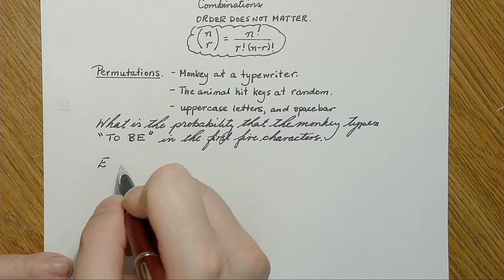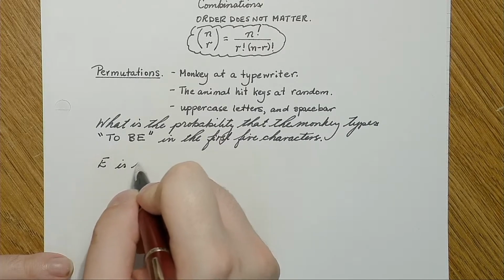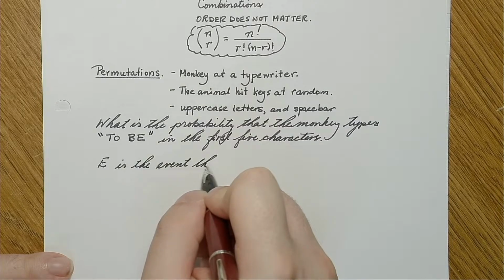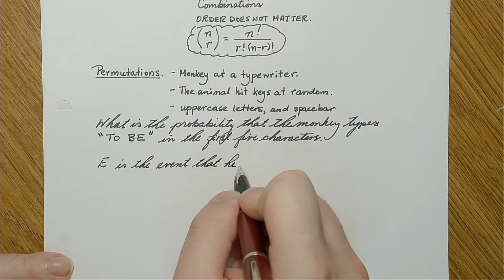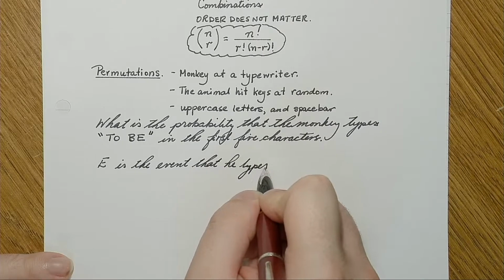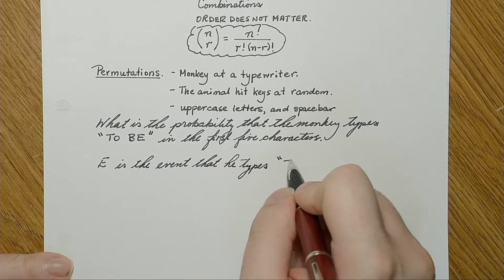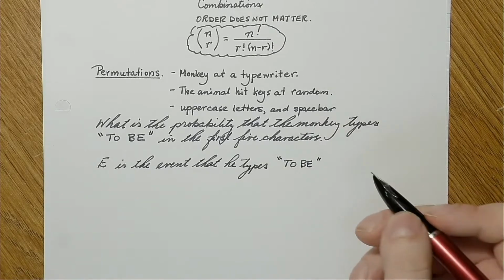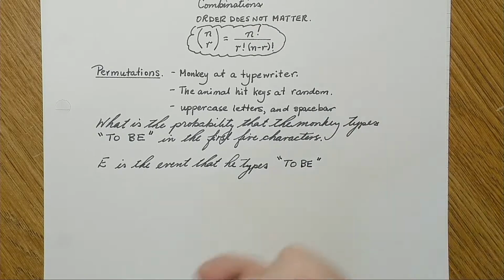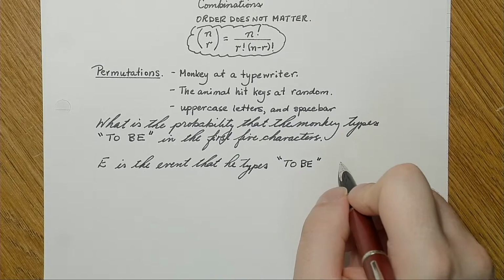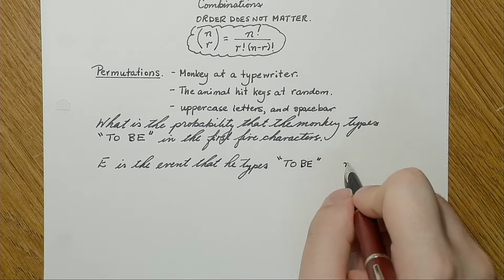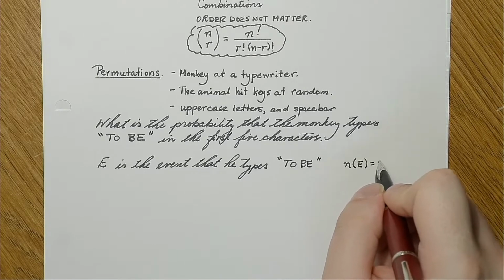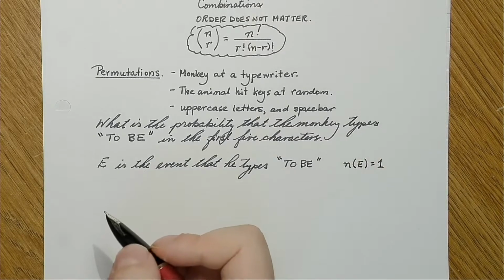So we'll let E be the event that he types "to be." There's only one way to do that, and so the number of outcomes in E is 1.